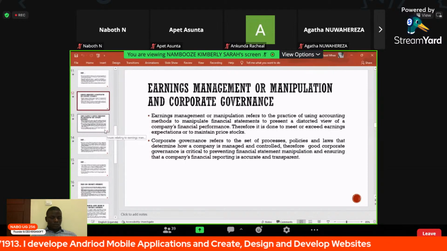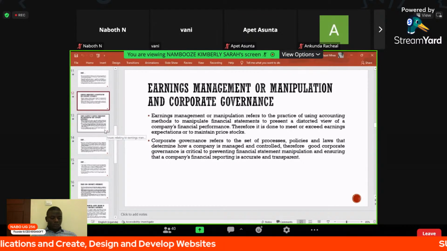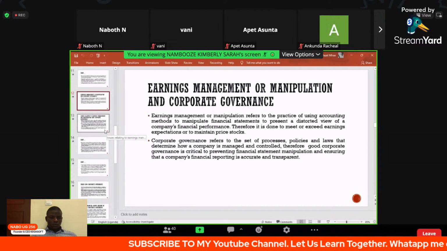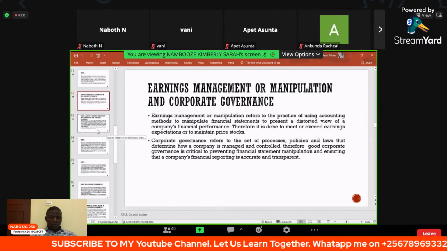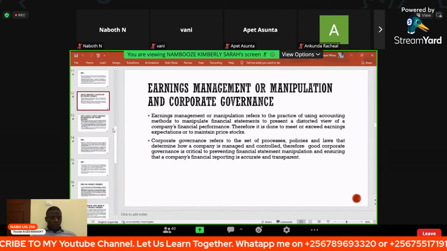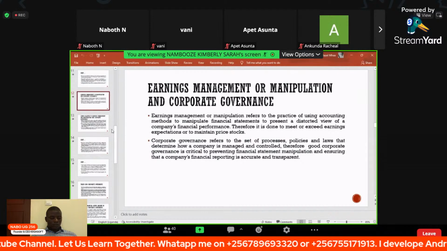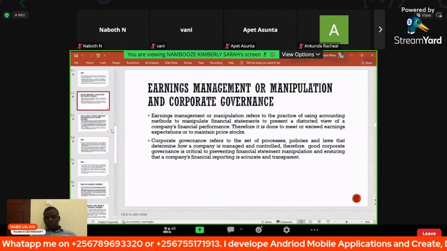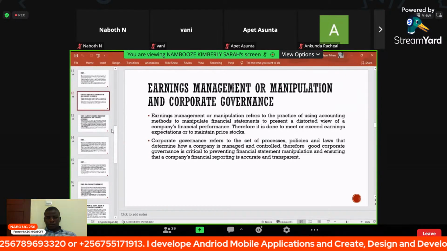The businesses use earnings management to meet financial goals and investor expectations, because most businesses always have investors, and those investors always have targets that they think they are going to get from those companies.